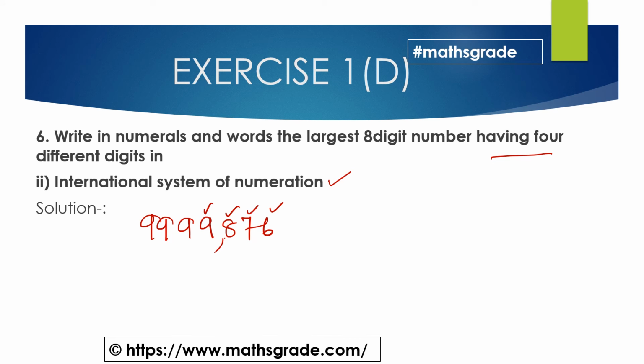Then in the international system, you have to place the comma after 3 digits in the thousands place. So it will be 9,999,876, and then the word form.